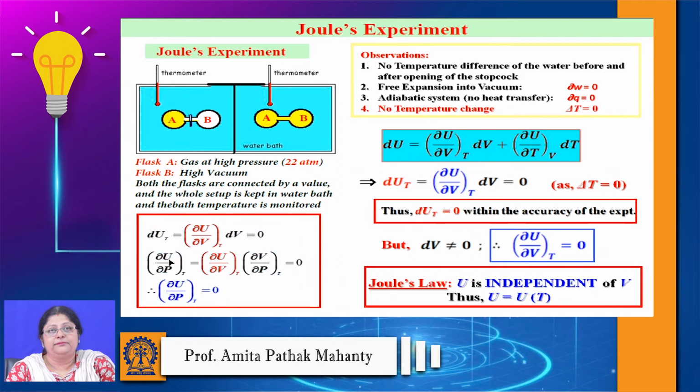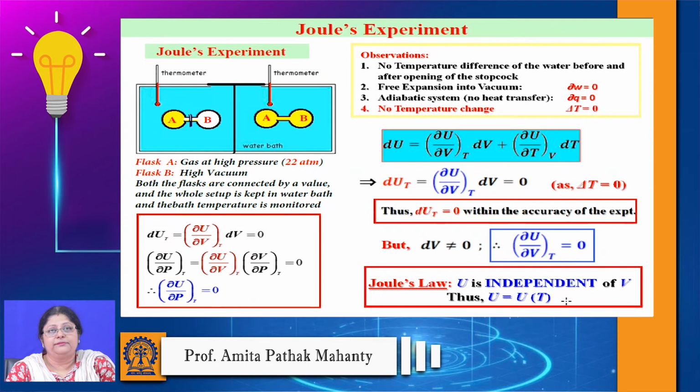It can be concluded that the internal energy change with pressure at constant temperature is also zero. So what Joule's experiment showed is that internal energy is only a function of temperature. It is independent of volume and pressure at constant temperature. So that was his conclusion.